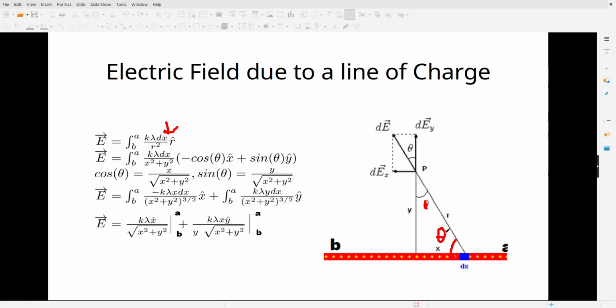Now cosine is adjacent over hypotenuse, which is x over the radius, which is x over the square root of x squared plus y squared. Sine is opposite over hypotenuse, y over the radius, square root of x squared plus y squared. This is negative because we're starting on this side, where this angle is negative in the cosine. If we switch the order of integration, it would be positive.